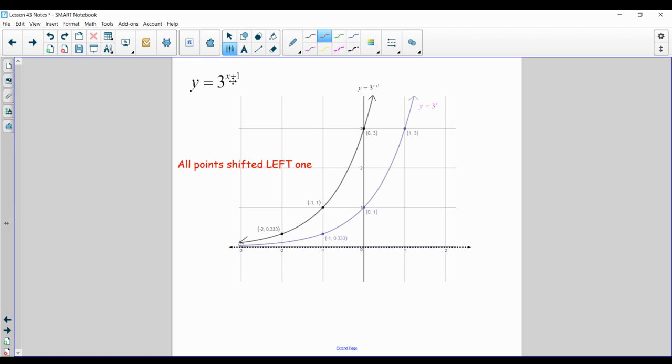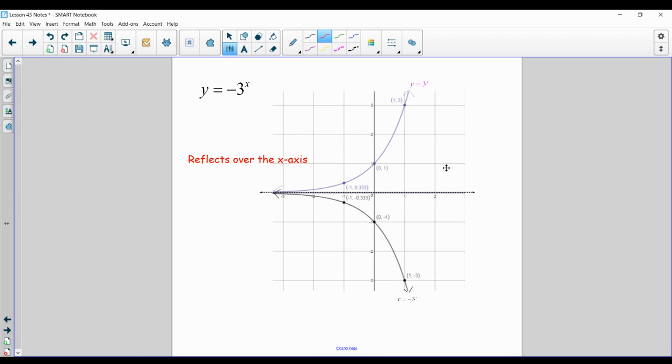If I'm shifting now to the left one spot, notice how all of those x coordinates shift left over one spot. The asymptote stays in the same spot because I didn't move up or down. Reflecting over the x-axis, in that case, all of your y coordinates are going to change. You're essentially multiplying what you have here by negative, meaning the y is going to change signs.